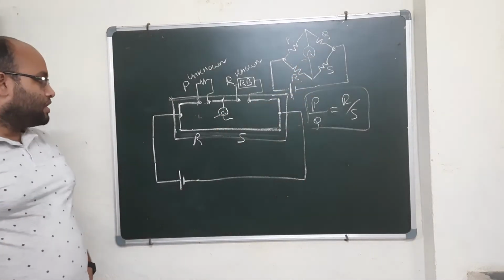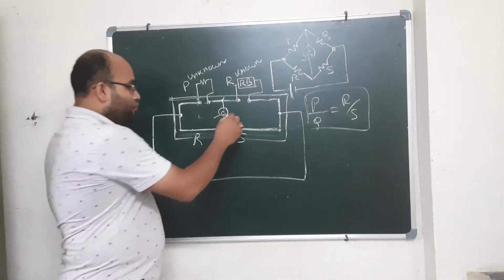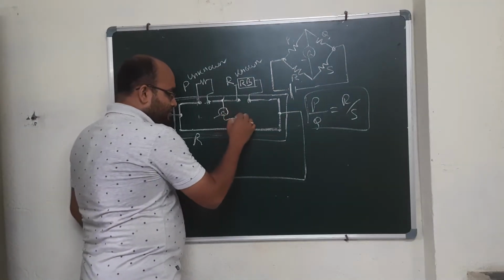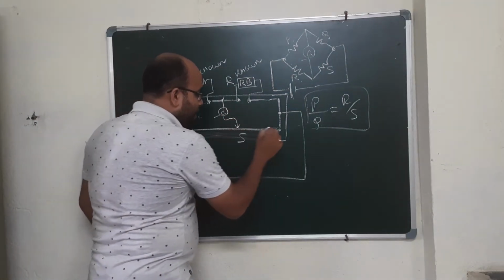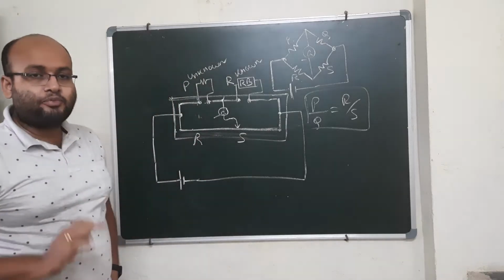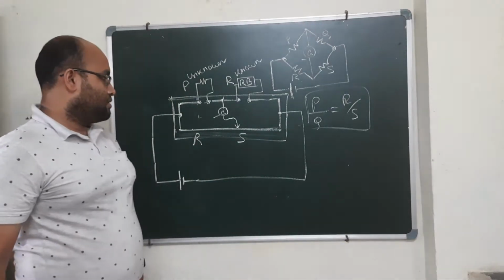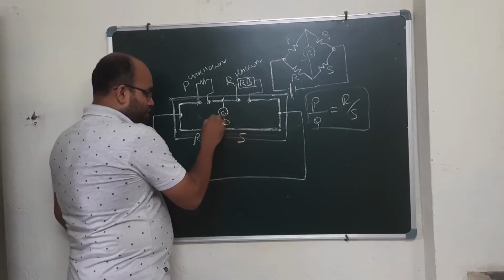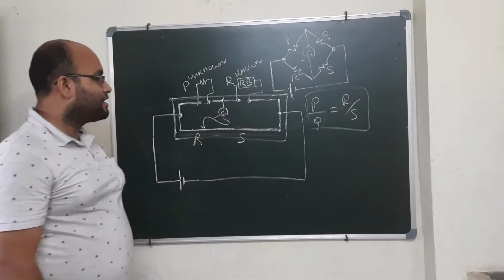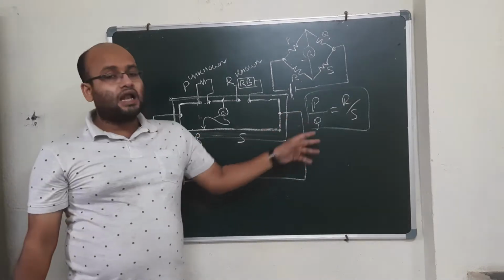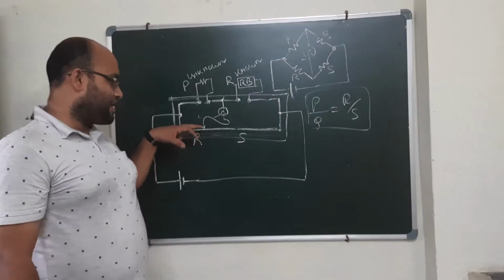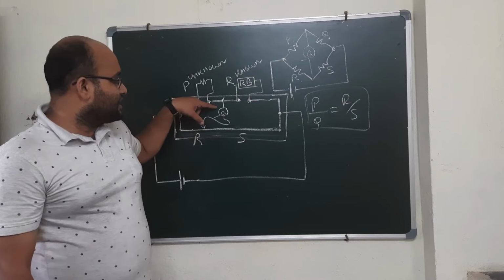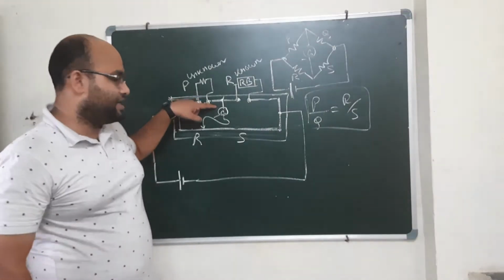Okay. So what we do actually, we can connect this galvanometer wire to any point on this wire. Any point on this wire. Suppose I connect this point to here, and at this point after connecting the galvanometer I see that there is no deflection in the galvanometer.